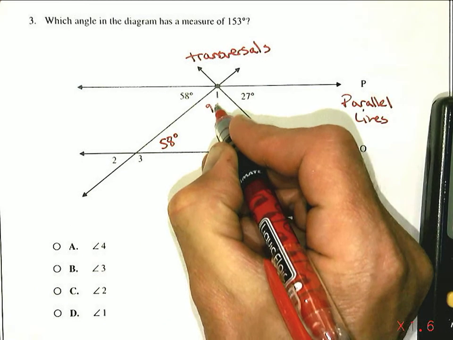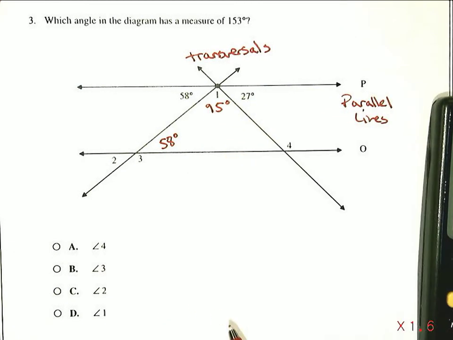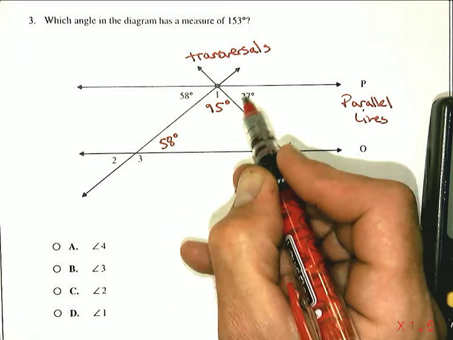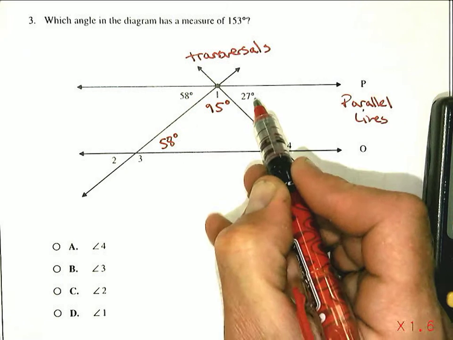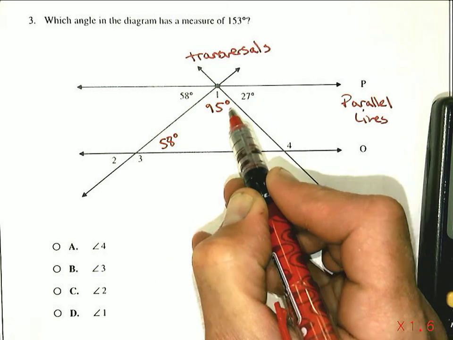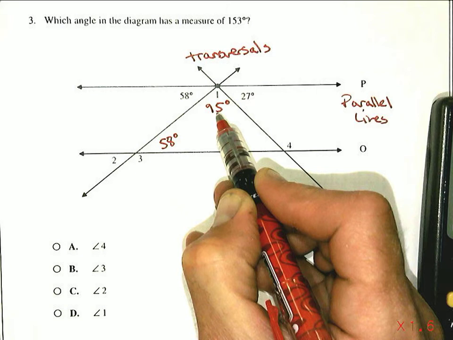So that's not the one we're looking for, but good to know how to find that one if I might have been asked about it. These three together add up to 180, and so that's the missing part.